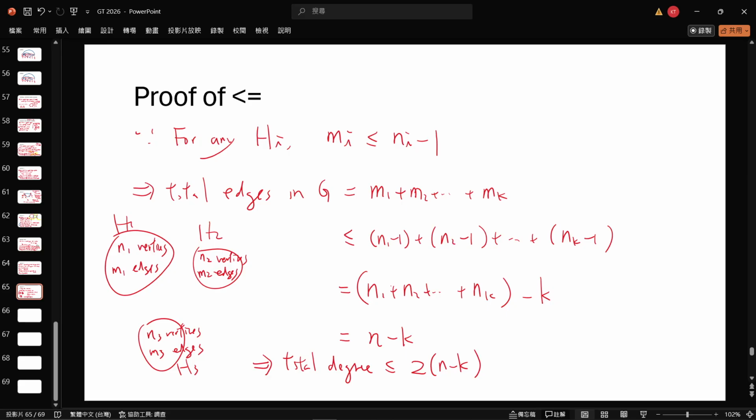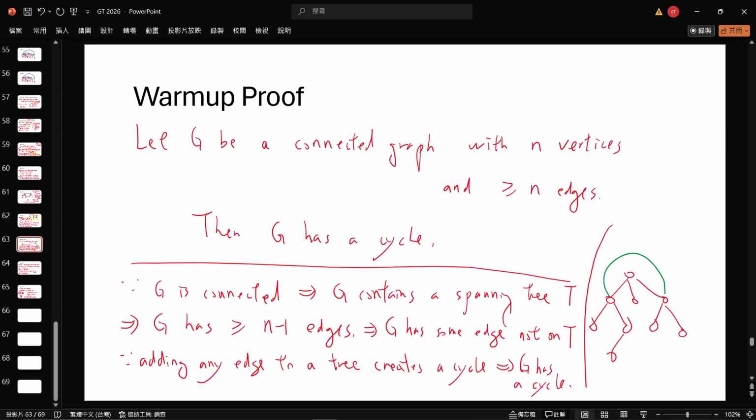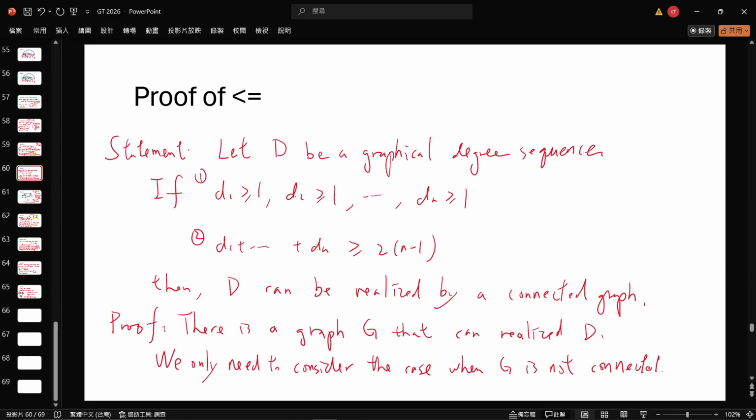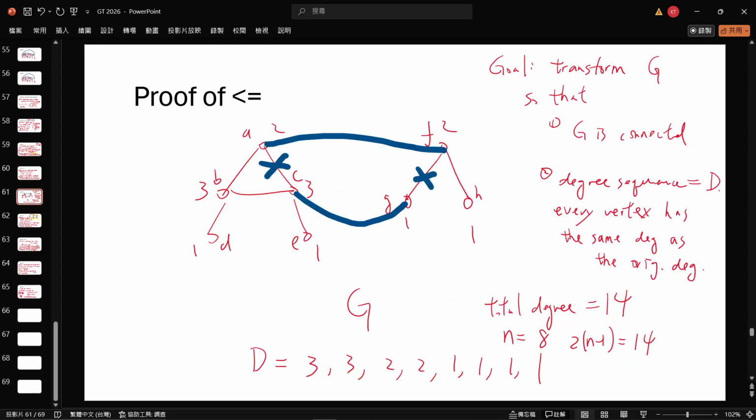So this is at most 2 times n minus 2. So we get the result that the total degree is at most 2 times n minus 2. And this is a contradiction because in our assumption, the total degree should be at least 2 times n minus 1. So that's a contradiction.